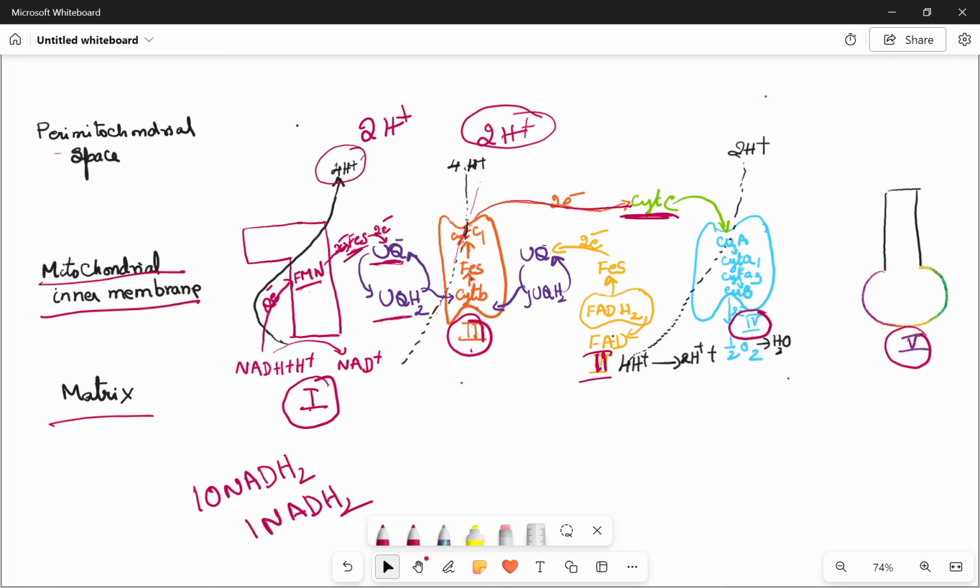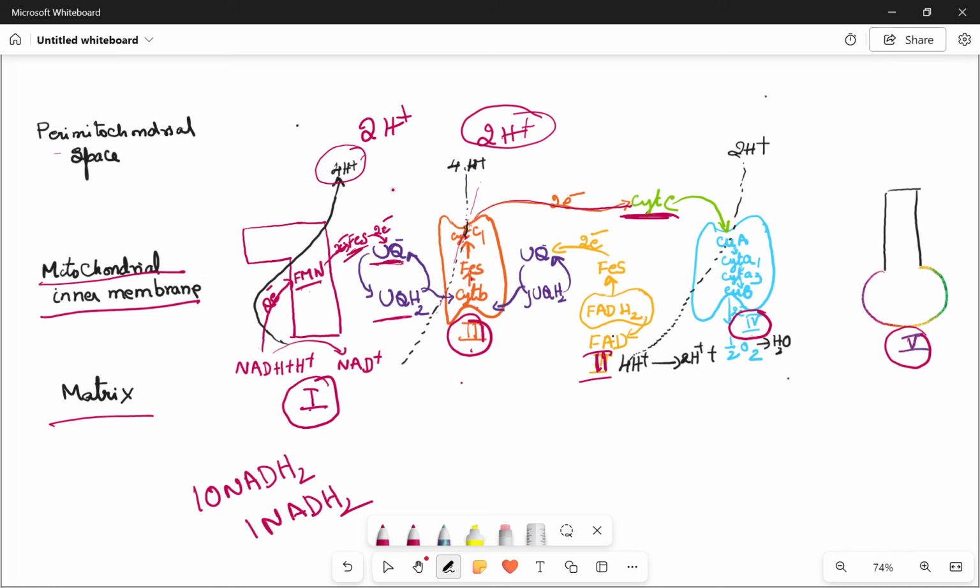In the NCERT diagram there are 4 protons, but we have to count 2 protons only for ATP synthesis. Remember, each time 4 protons are coming, but we should consider 2 protons for ATP synthesis.